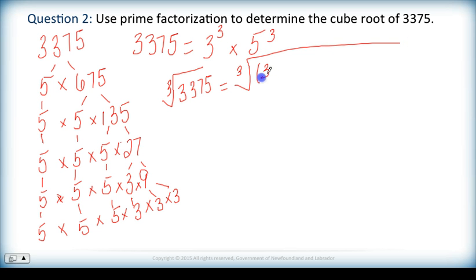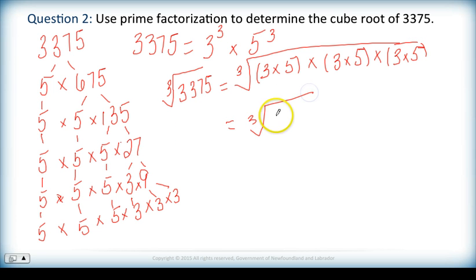In each group we're going to have 3 times 5, which equals the cube root of 15 times 15 times 15, which is going to produce an answer of 15. So the cube root of 3,375 is 15.